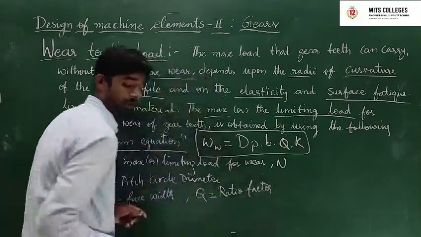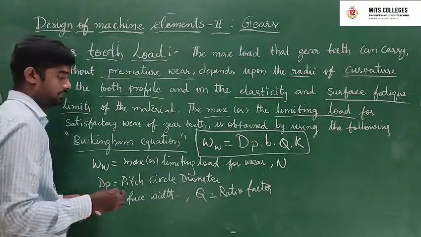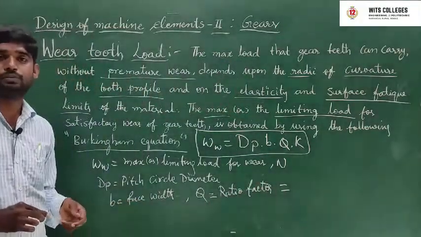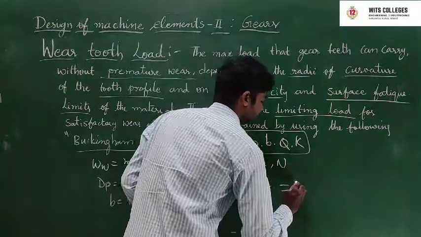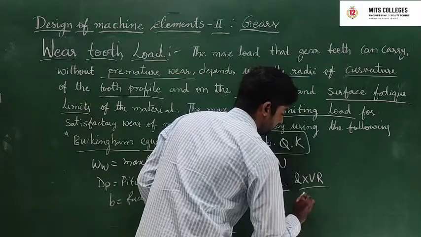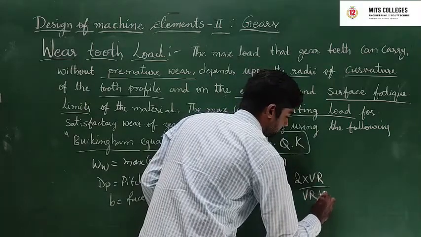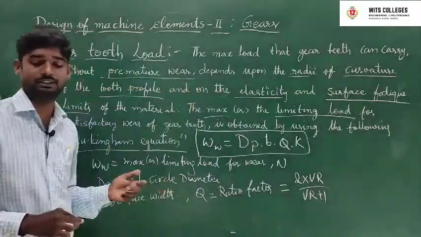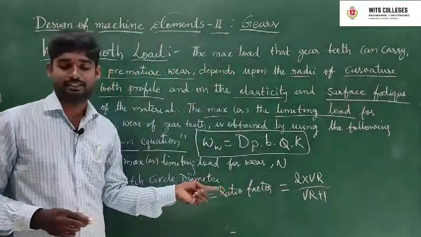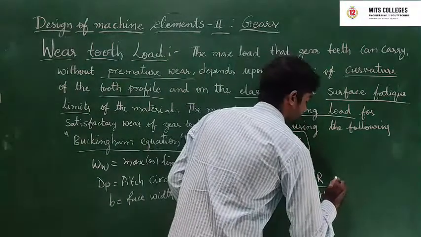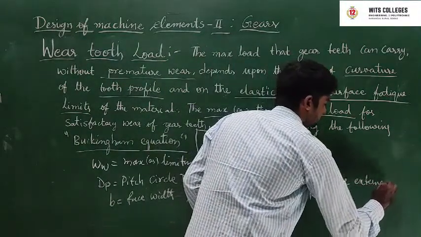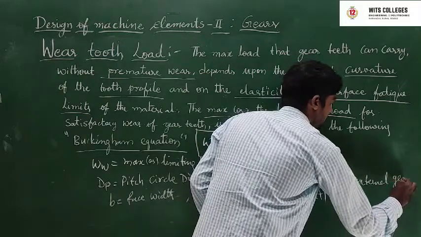In this, the ratio factor formula is 2 into VR by VR plus 1. This is for external gears.